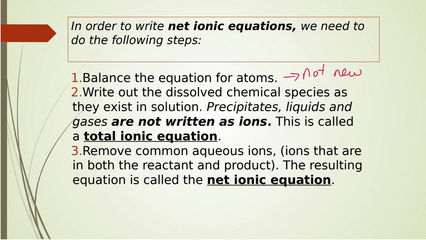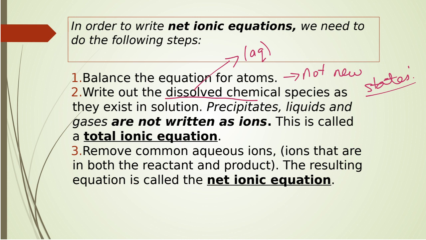Then, and this is why states are so important, we need to know the states of all of our substances. If anything is dissolved, that means it's dissolved in water and it is aqueous, so you are after the aqueous states.